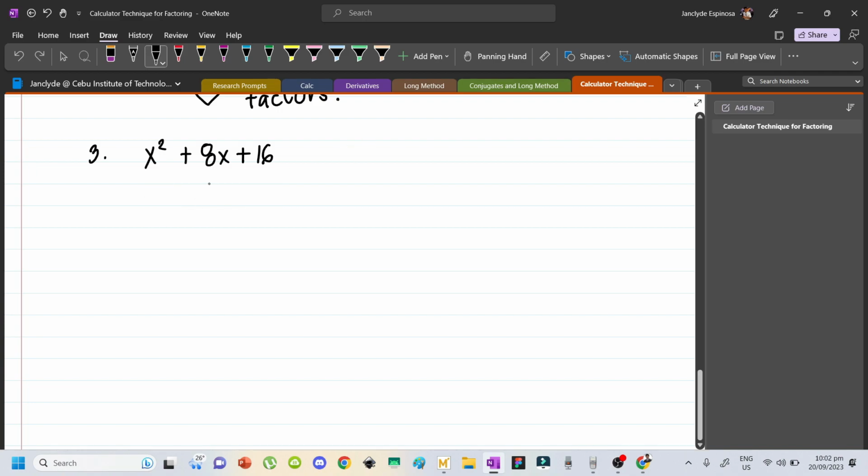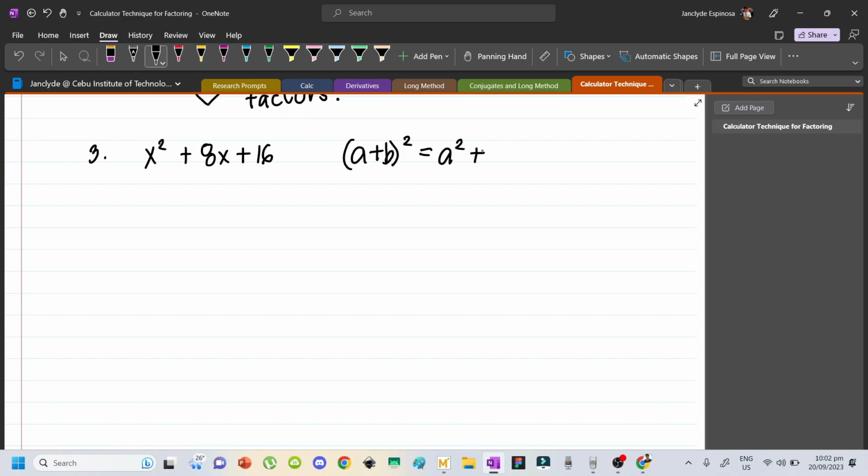So this would be a plus b squared equals a squared plus 2ab plus b squared. Now, if this is minus, your middle term would also be minus. That's something you need to remember.